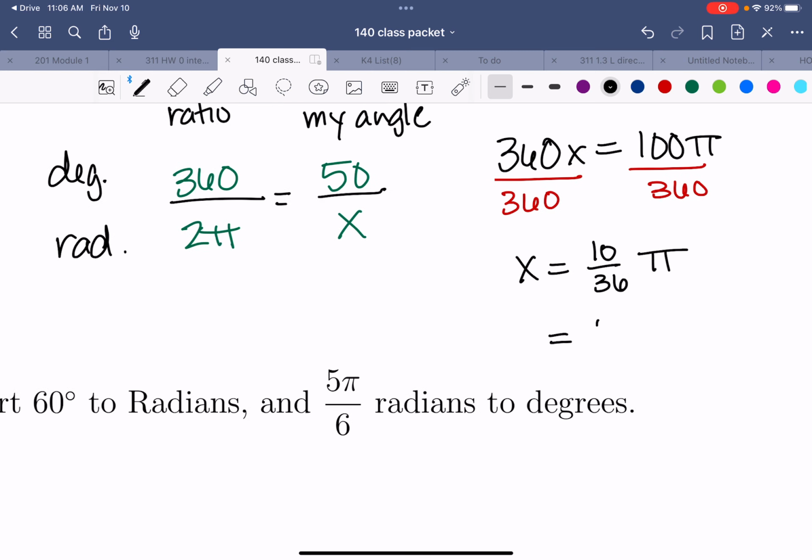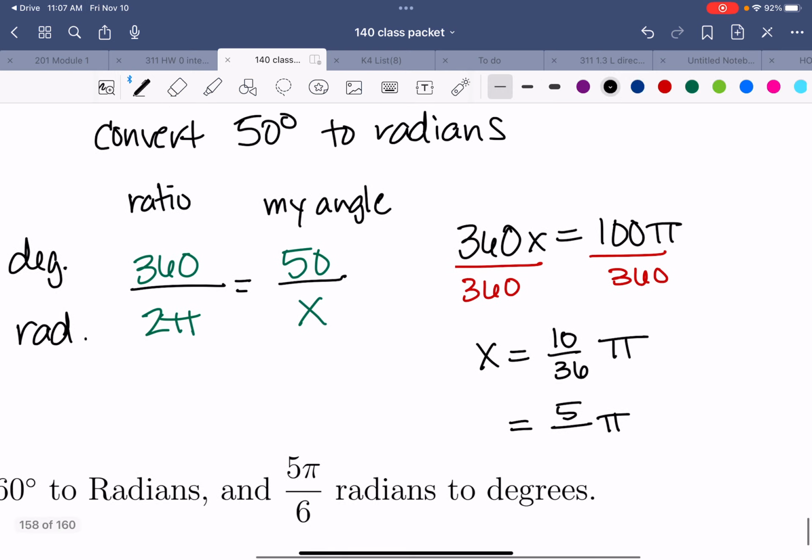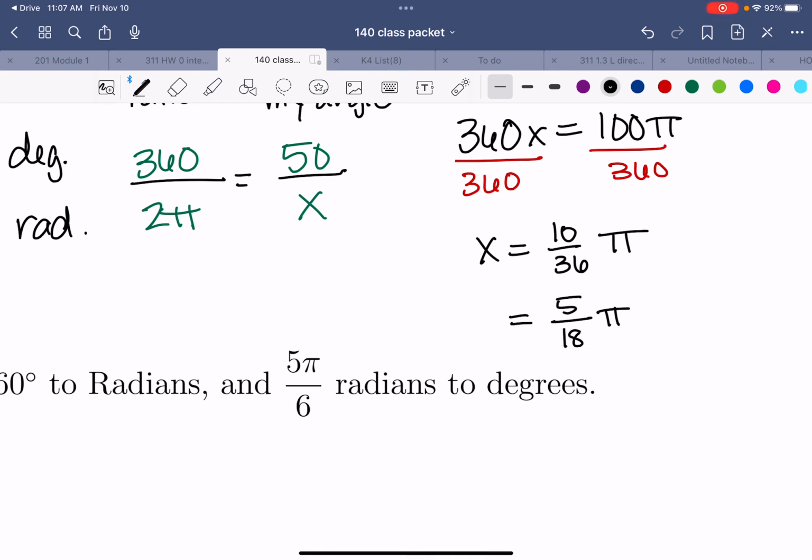Those both have a 2, so divide the top by 2 gives me 5, divide the bottom by 2 gives me 18. So 50 degrees is the same as 5 over 18 pi radians.